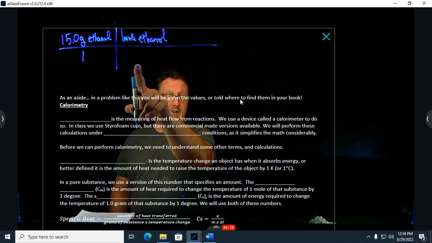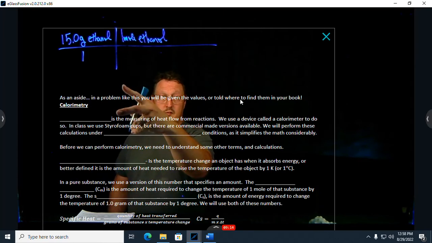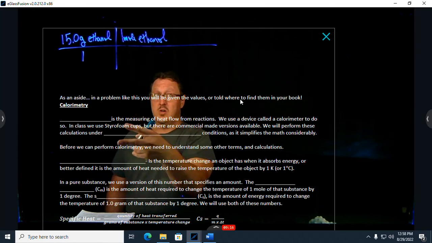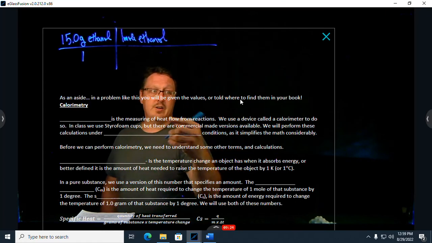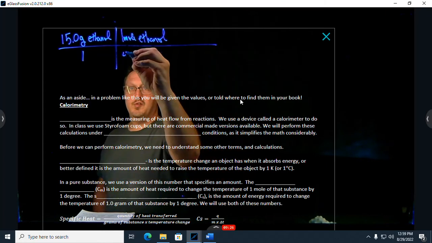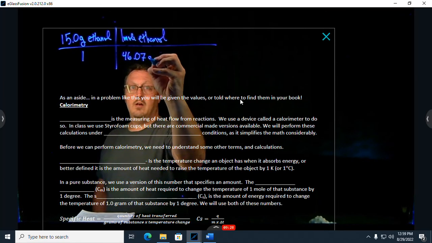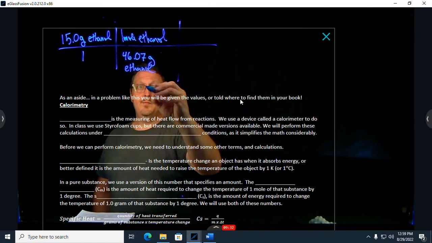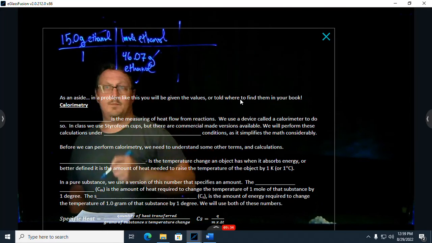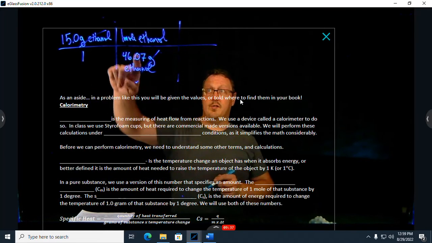Ethanol is C2H5OH, so there are 2 carbon atoms, 12.0108 times 2, 6 hydrogen atoms, 1.00795 times 6, and 1 oxygen atom, plus 15.9994. You're going to get something around 46.07 grams of ethanol per mole. So now grams of ethanol are canceled out, and I am in units of moles of ethanol.